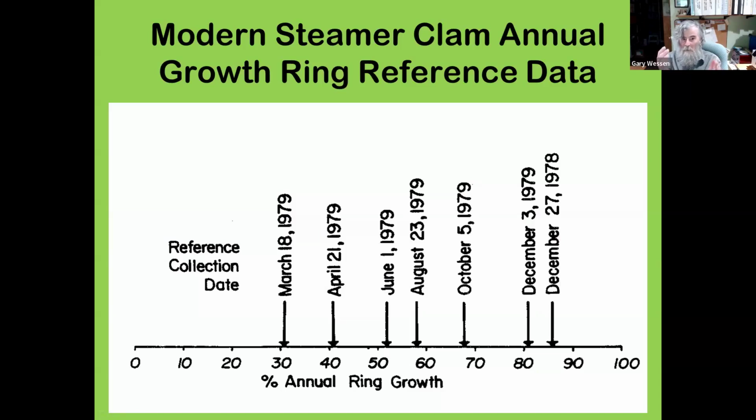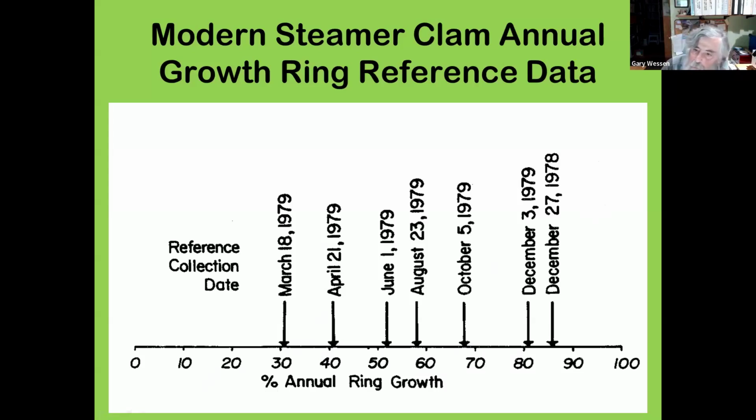So what we did for the steamer clams is, for a 12-month period, mostly in 1979, started December 27th of '78 and went around to December 3rd of '79, I collected steamer clams and took at least 5 individuals at each time, more because we had a nice meal, measured the ring growth at that point in time, and then calculated an average for the 5 and plotted it.